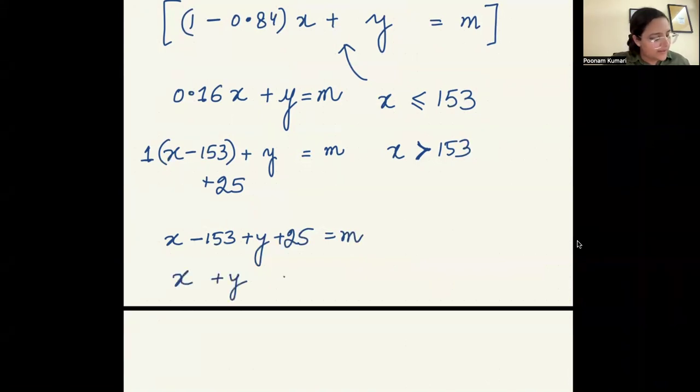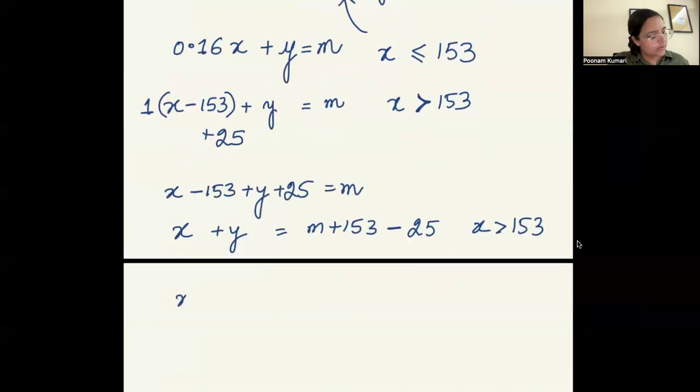X plus Y is equals to M plus 153 minus 25, right? X is greater than 153. So 153 minus 25 is how much? 128. So this is M plus 128. This is when X is greater than 153.